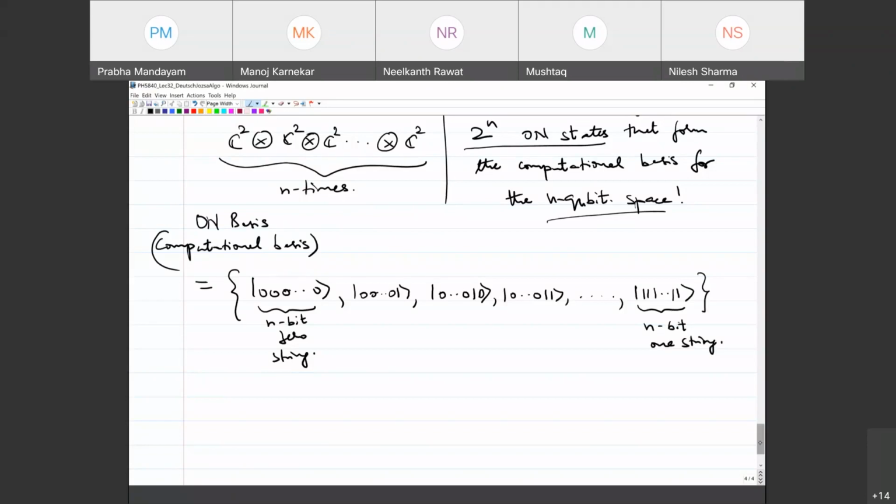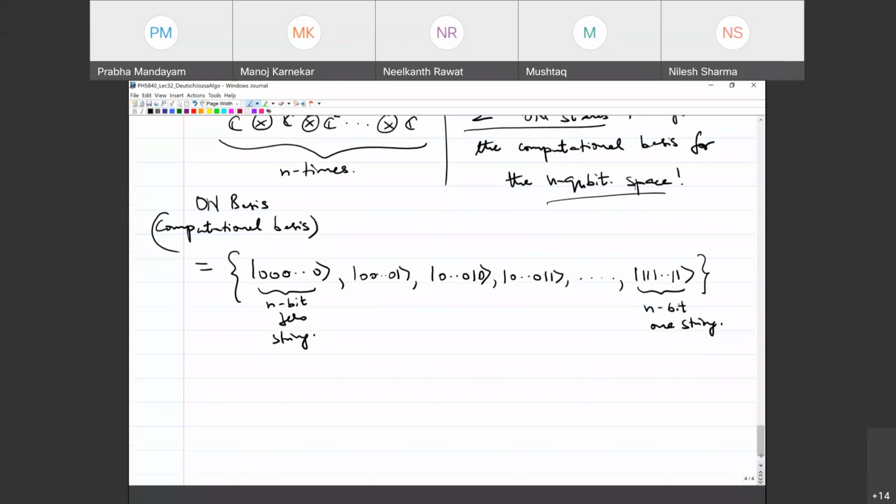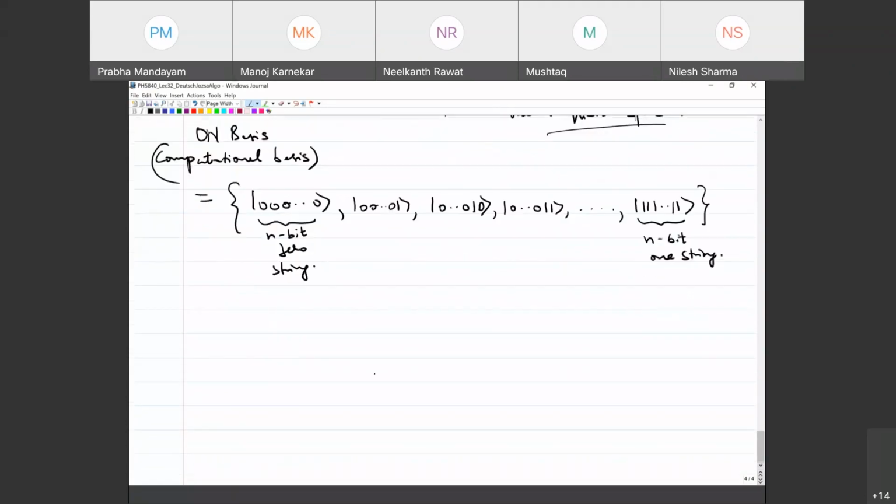So what is the state I want to make? I want to make a state, let me call this phi, already used psi for something else today, which is the sum over all x, where x is an n-bit string.